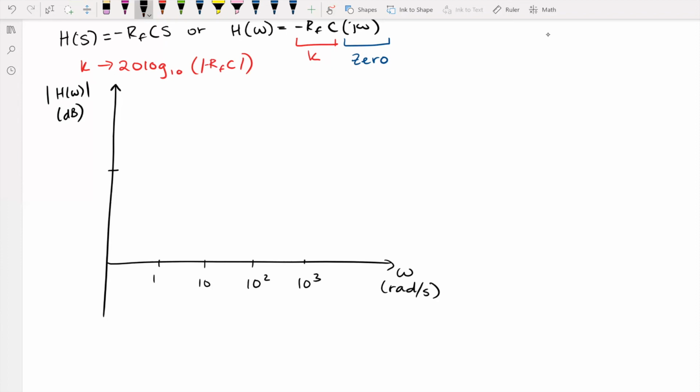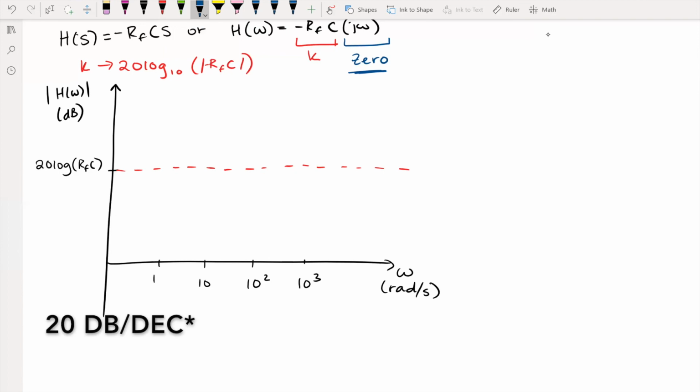We're going to say this is, and it's just a flat line. And as for our zero component, making this blue, we know that it's just a line through the point omega equals 1 with a slope of 20 decibels per decade. Since this graph is just a rough sketch, I'm not really going to worry about making sure that it's exactly rise over run 20.